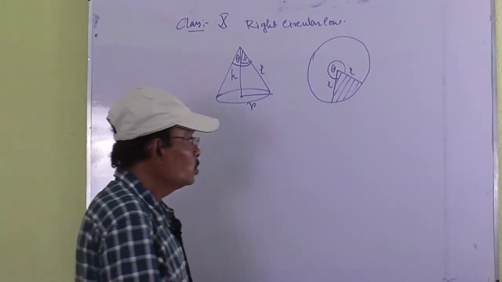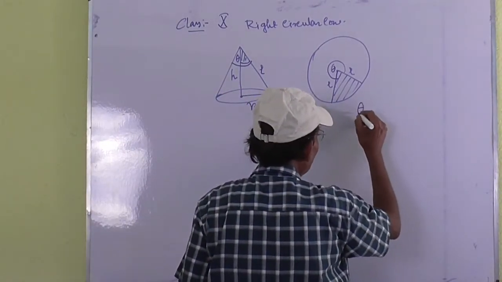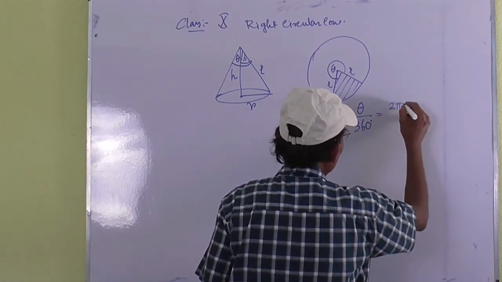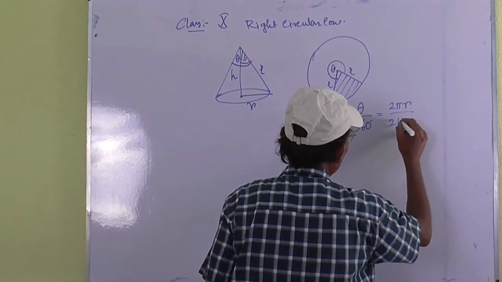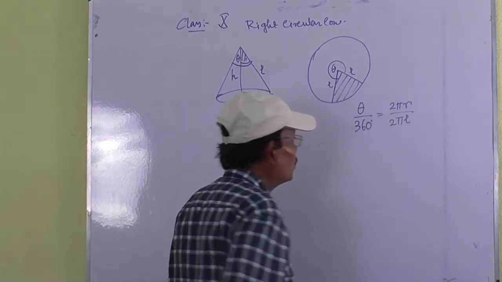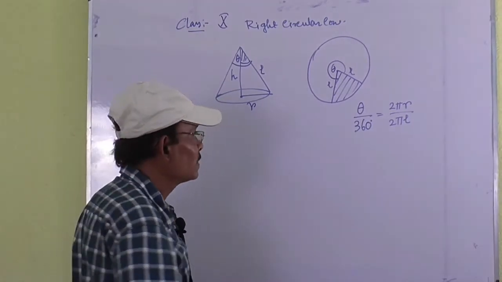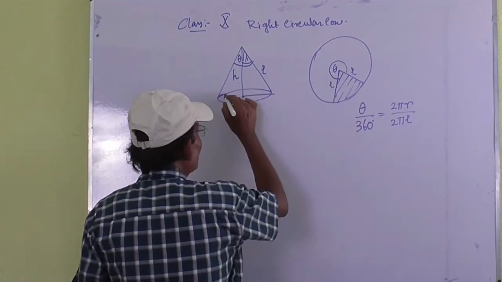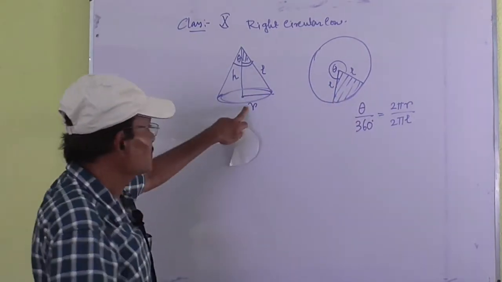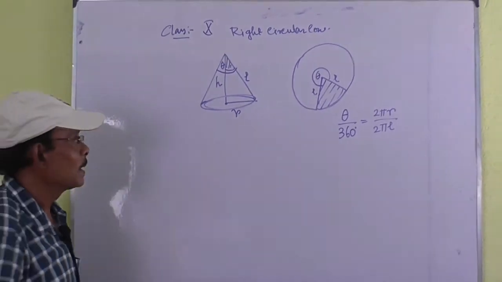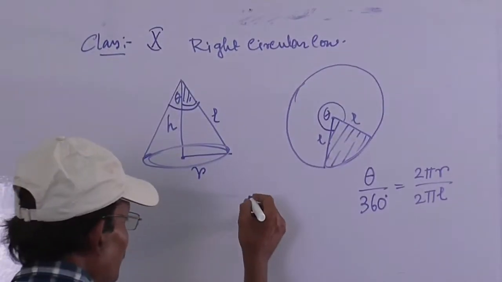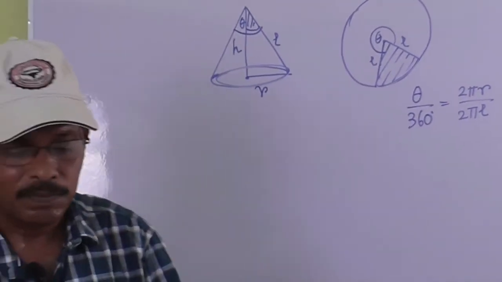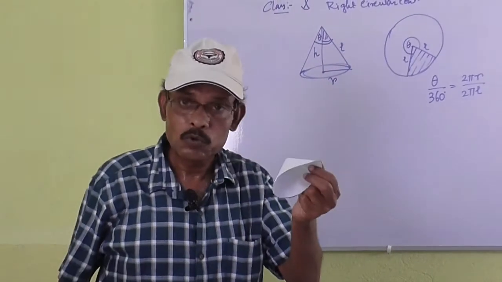Clear? We know that theta by 360 degree equals 2 pi r by 2 pi l. 2 pi r is the arc of the section, this circumference is denoted 2 pi r, and if this paper is folded like this, the base circular region has circumference 2 pi r, and the full circle is 2 pi l.